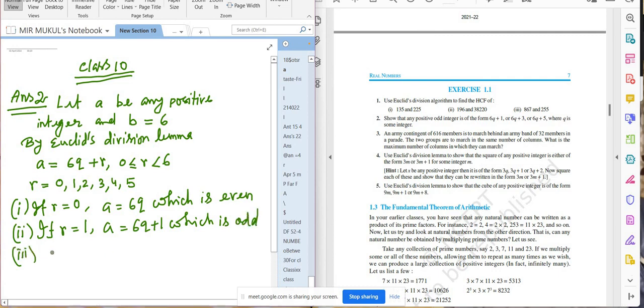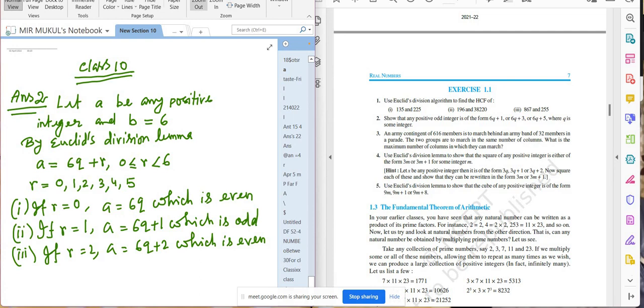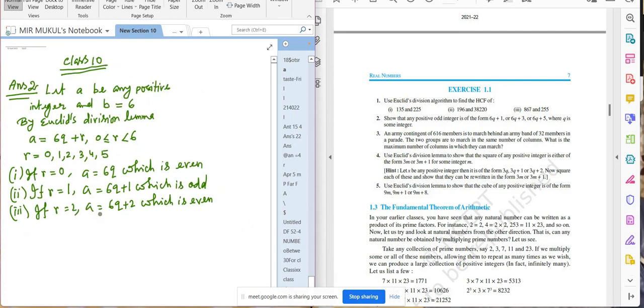Then third, if r equals 2, then a equals 6q plus 2. Which is even or odd? Even, because this is divisible by 2, because we can take 2 as common and then divide 6q plus 2 by 2. Then fourth, if r equals 3, then a equals 6q plus 3, which is odd.